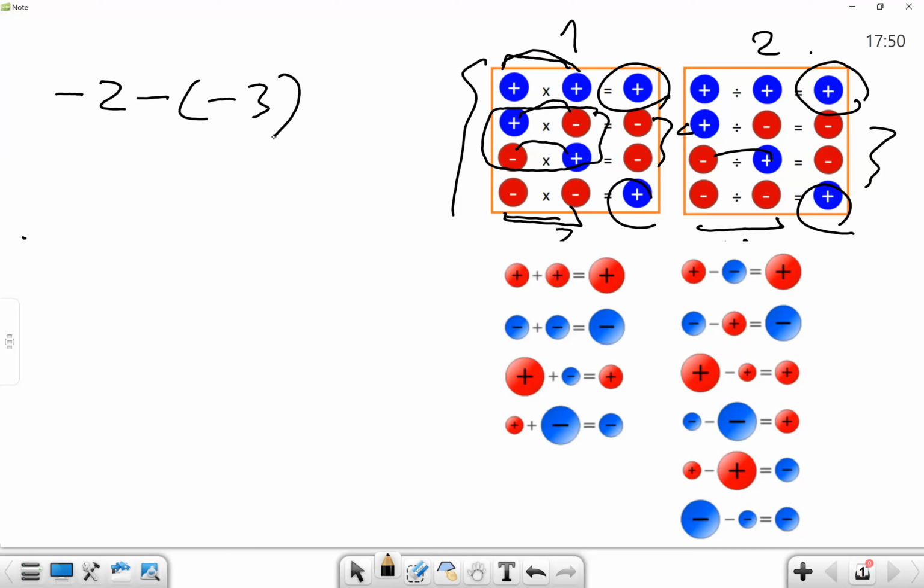Negative times negative is positive, so write down negative 2 plus 3. That's why the result is positive.